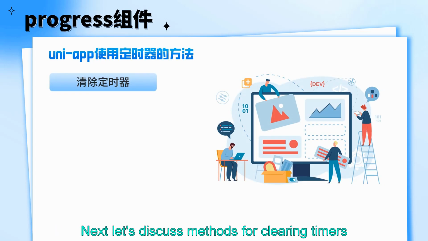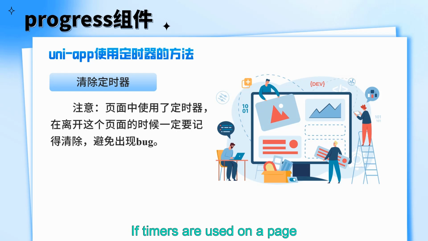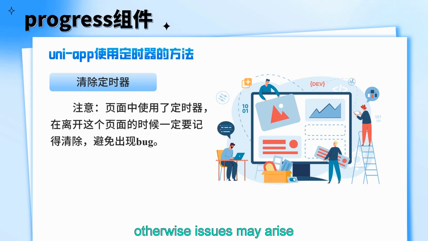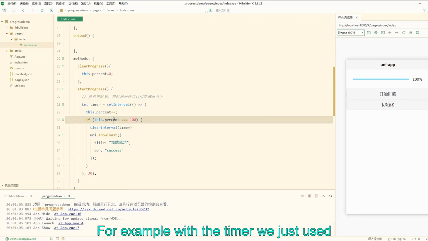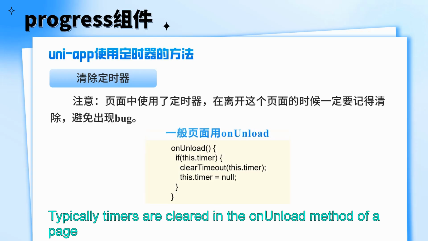Next, let's discuss methods for clearing timers. Why should timers be cleared? If timers are used on a page, it is essential to remember to clear them when leaving the page. Otherwise, issues may arise. For example, with the timer we just used, every time percent is 100, the timer will be cleared. So there is no problem with it. Typically, timers are cleared in the onUnload method of a page.